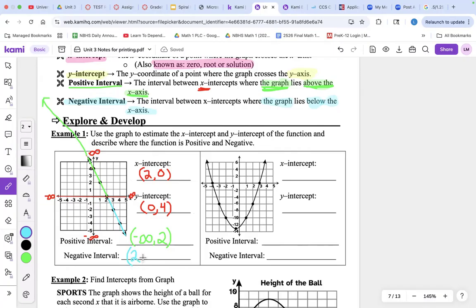And where is it going? It's going to positive infinity. Just because it's called a negative interval doesn't mean it's going to be negative infinity. It's simply asking you what part is in that negative zone.